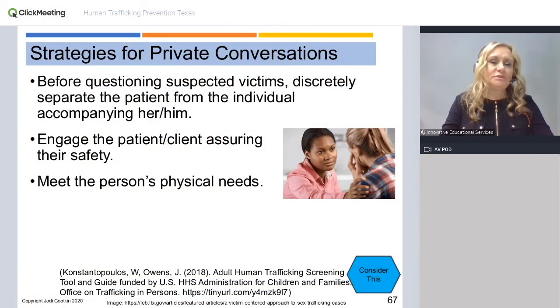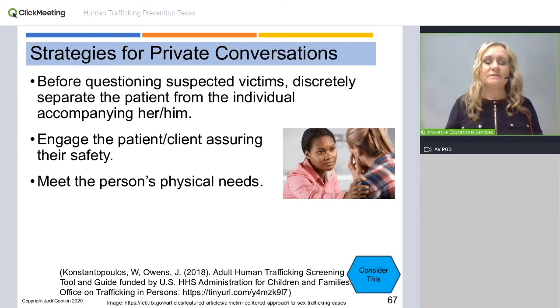If you are able to engage the individual safely to gather more information and determine if this is a potential case of human trafficking, you want to establish a relationship. That's critical: you want to create an atmosphere where the potential victim feels safe to express additional information to you.